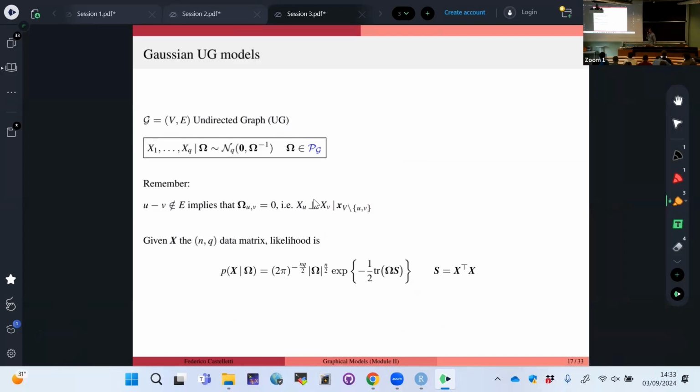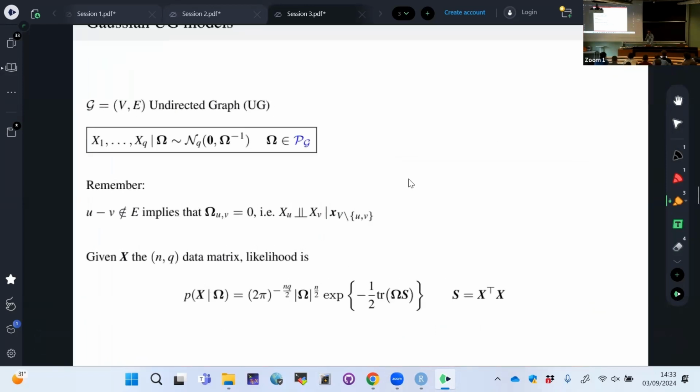So let's start from Gaussian undirected graphical models and our definition of a Gaussian UG model.